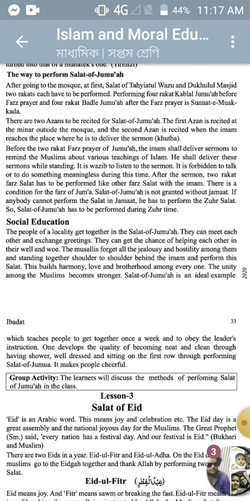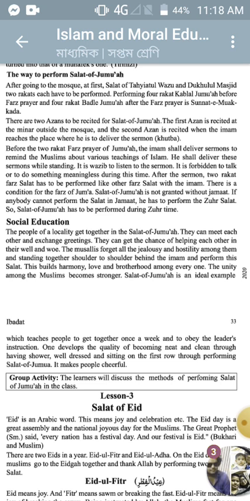The people of a locality get together in the Salat of Juma. They can meet each other and exchange greetings. They can get the chance of helping each other in their well-being.